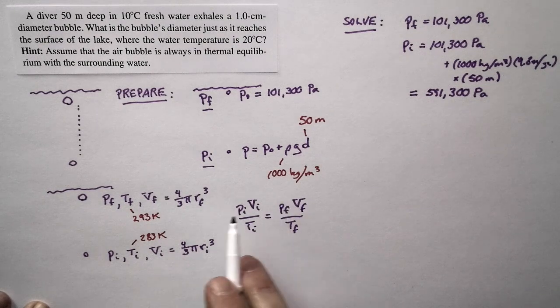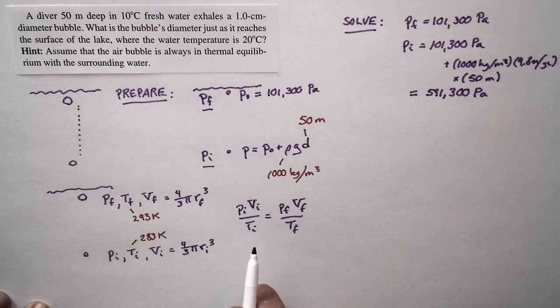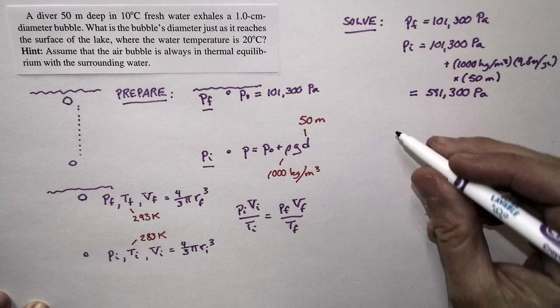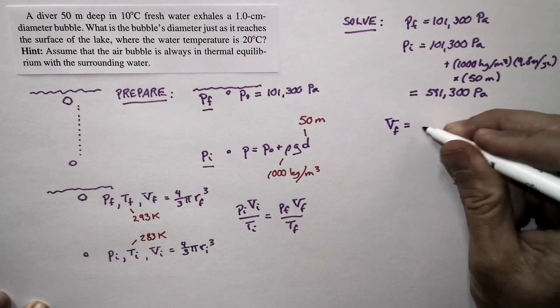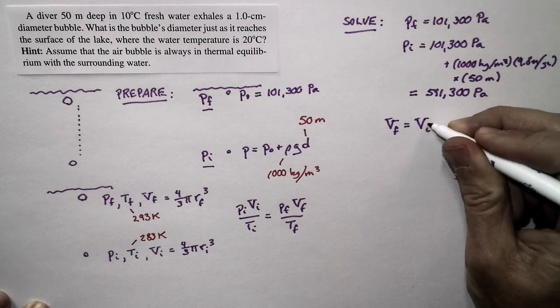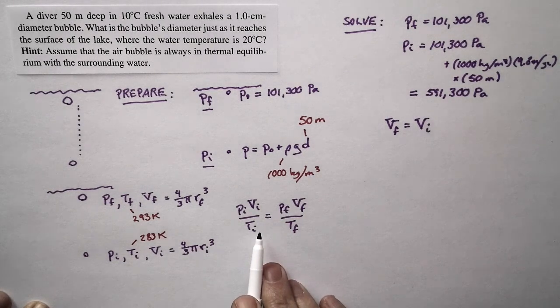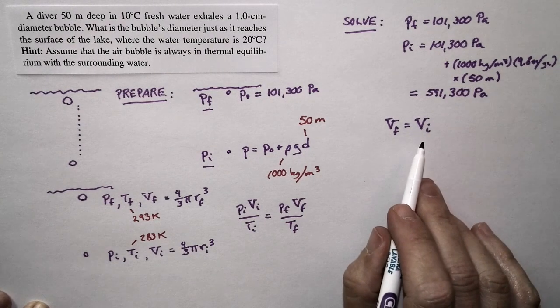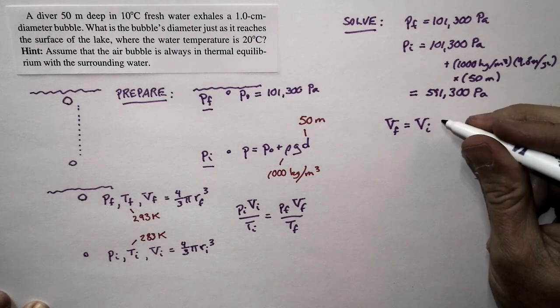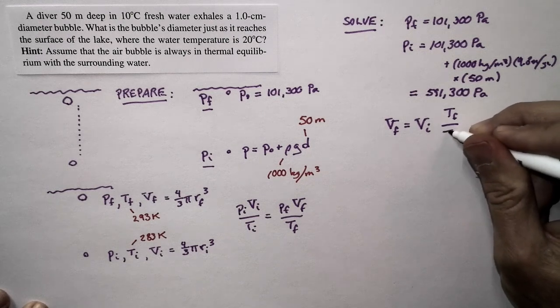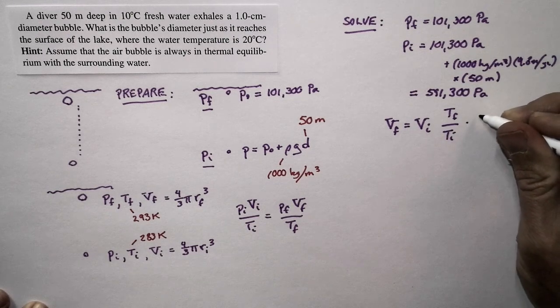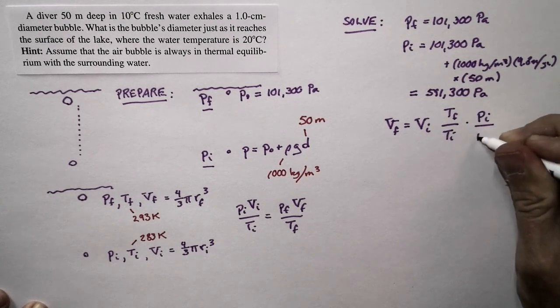It doesn't exchange gas with the water. So we can use this relationship to solve. And what we want to look for is Vf. We're going to solve for Vf and relate it to Vi. So I'm going to take this relationship and rewrite it like this: Vf is equal to Vi times Tf over Ti times Pi over Pf.